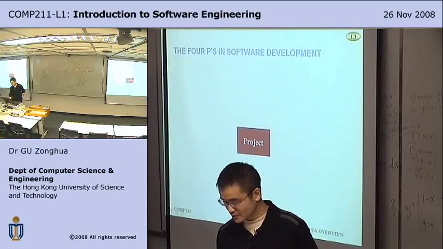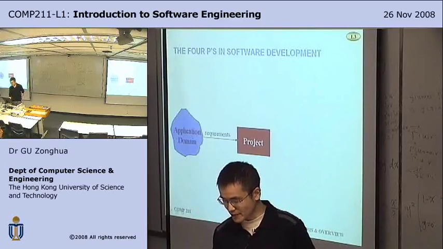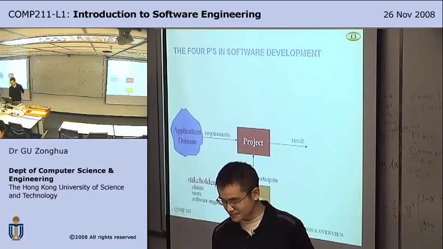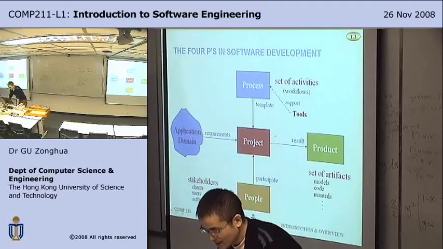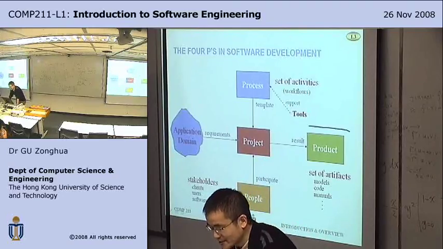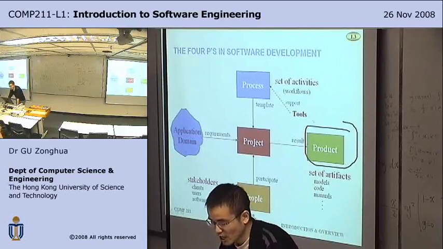Now we move to processes, software development process. The 4 P's. Obviously, the product is the final goal: a set of models, code, and manuals delivered to the client.